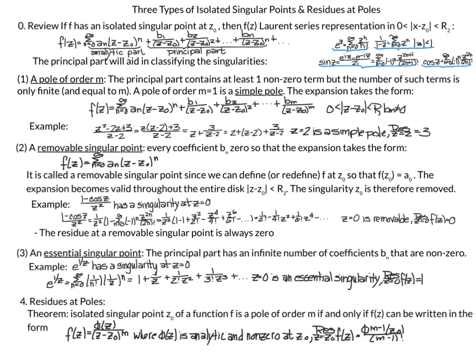The theorem says an isolated singular point z0 of a function f is a pole of order m if and only if f of z can be written in the form f of z equals phi of z over (z minus z0) to the m, where phi of z is analytic and non-zero at z0. Then the residue at z equals z0 is equal to the (m minus 1)th derivative of phi evaluated at z0 divided by (m minus 1) factorial. And we'll see this theorem and some examples.